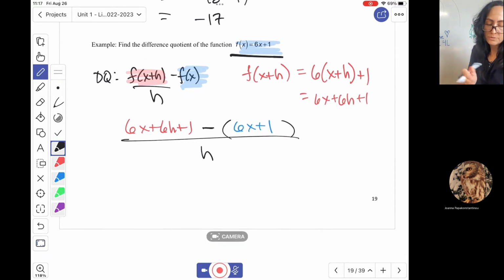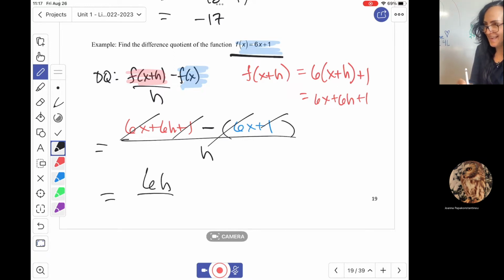Now, can I combine like terms in the numerator? What do I get? Yes.